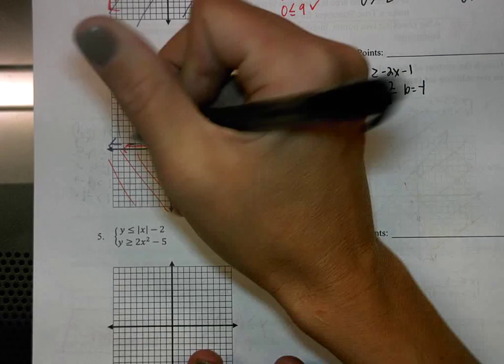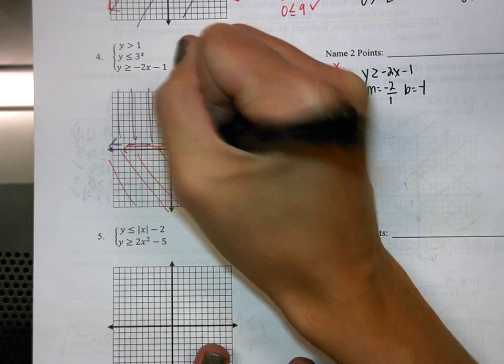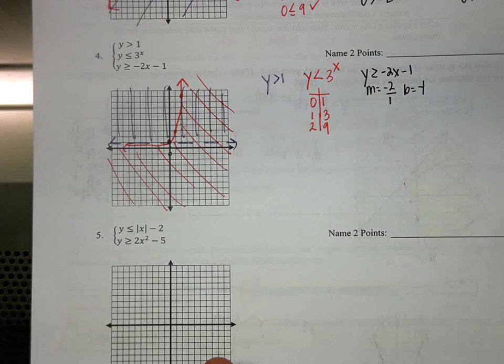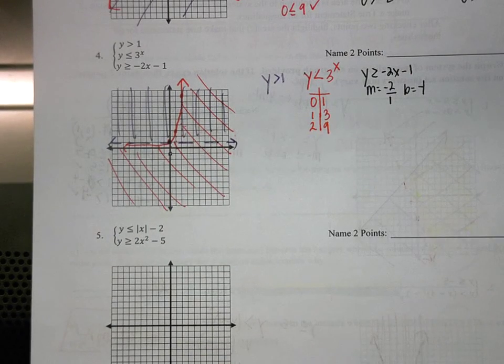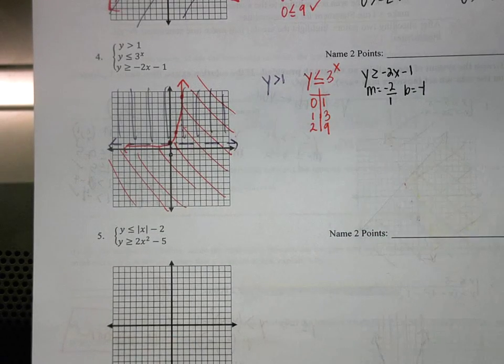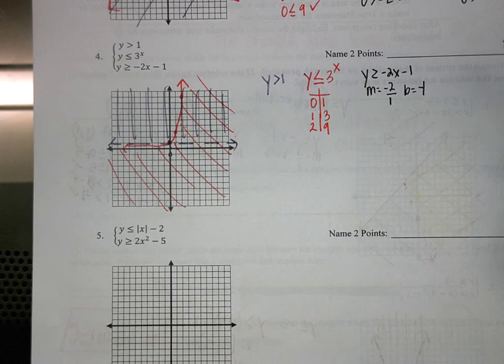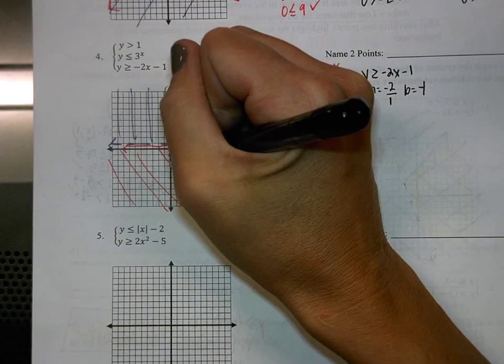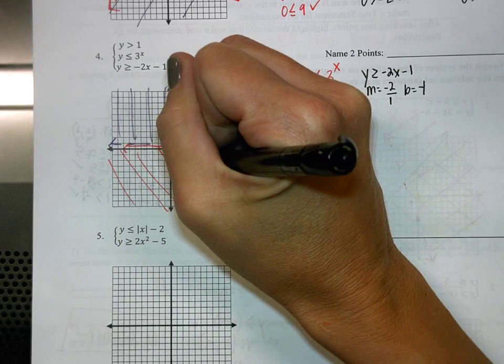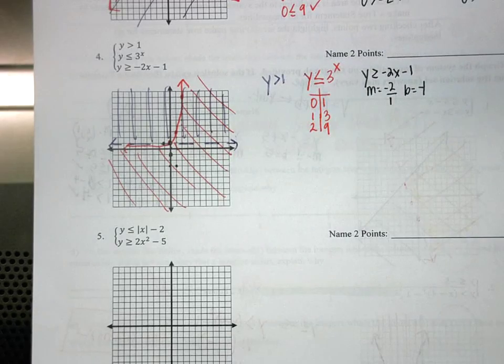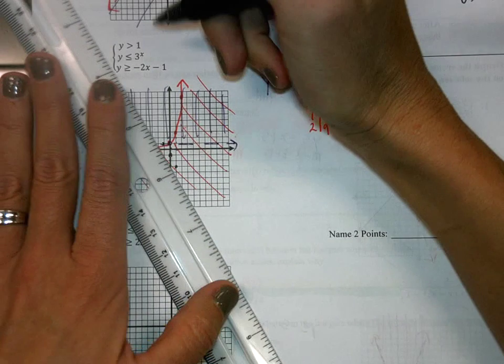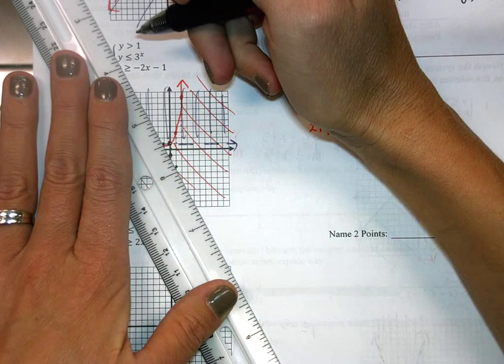So we go down 1 first to make our point. And then after I do that, we go down 2, right 1, or I could have gone up 2, left 1. And this line will be solid or dash.